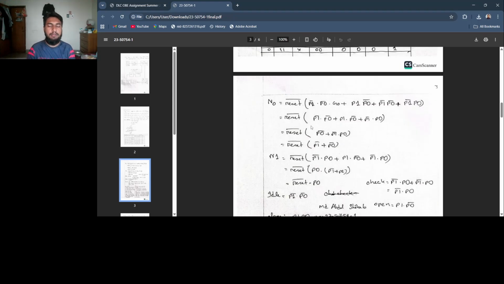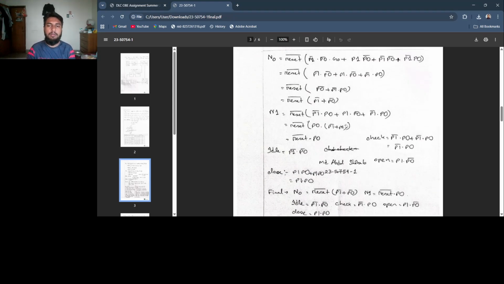Then I choose idle, check, close, open, and all things are the same as the n0 process.